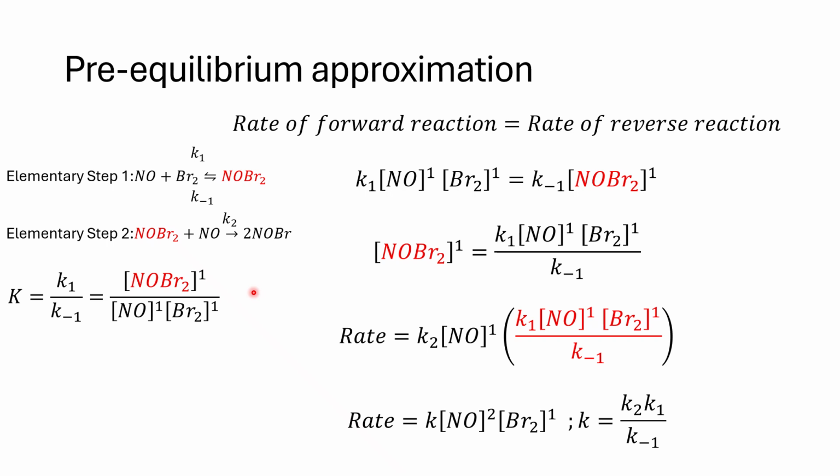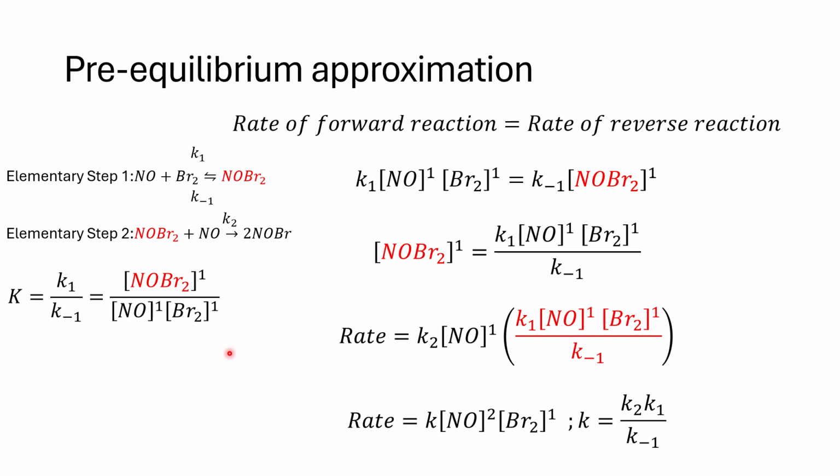So in other words, when k-1, the reverse direction, the consumption of NOBr2, is much faster compared to the product formation in step 2, the k2. So k-1 is very much larger than k2. Then we can use the pre-equilibrium approximation.